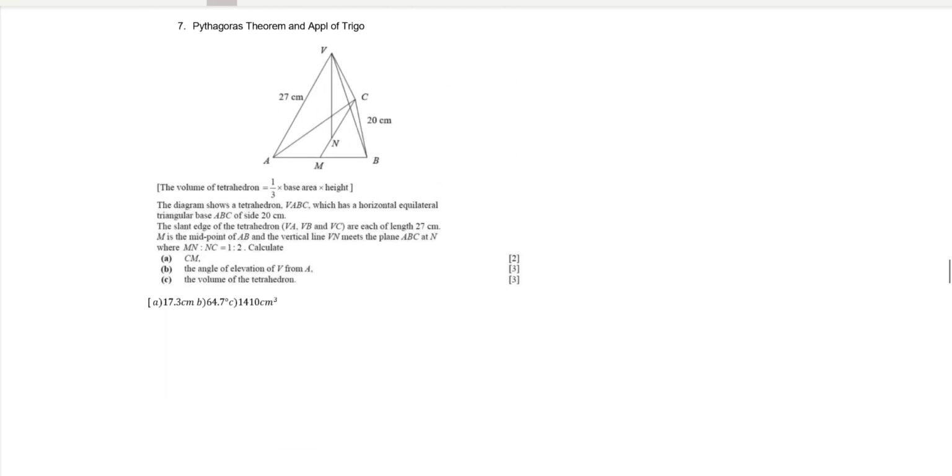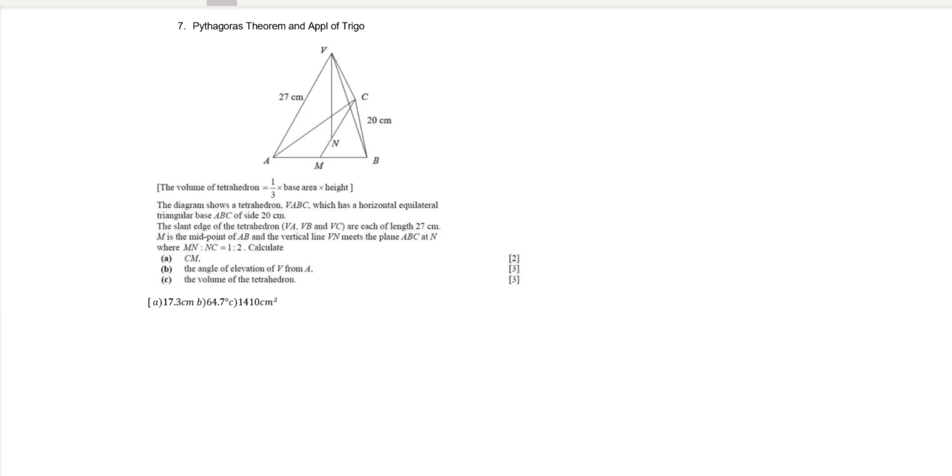Next, Pythagoras theorem and application of Trigo. If you look at, I think it's question 19, bearings have already been tested in paper 1, where they ask you to find the bearing of Singapore from Delhi and Tokyo. So they may not come out with a bearing kind of question to test your application of Trigo. What I reckon is it might be a 3-dimensional diagram incorporated with mensuration.